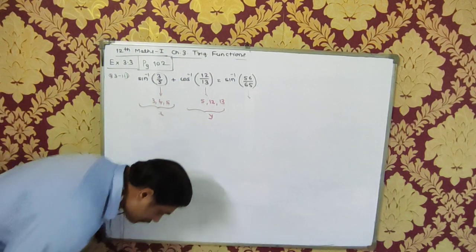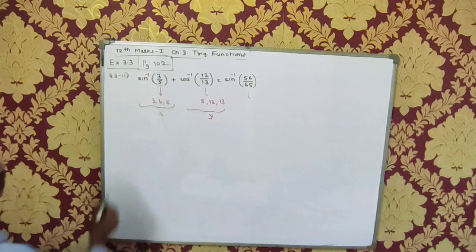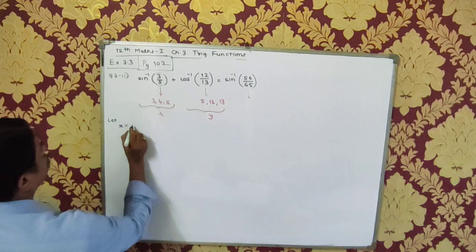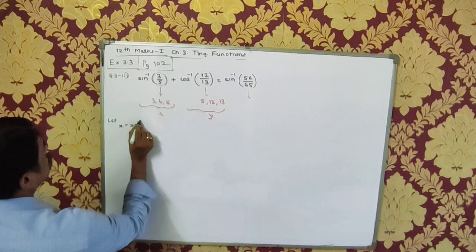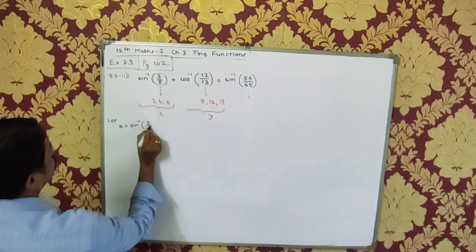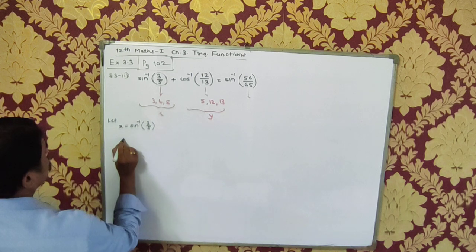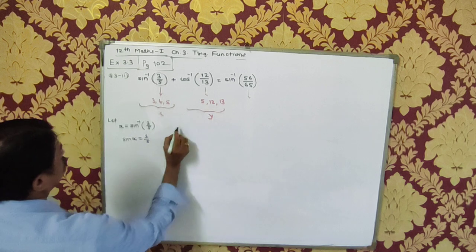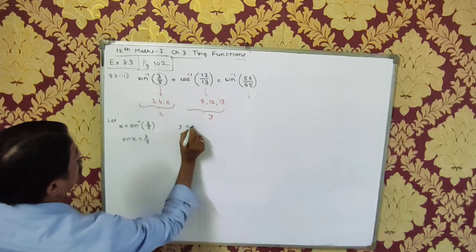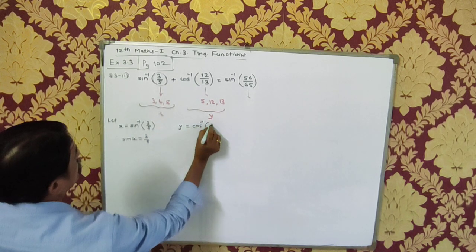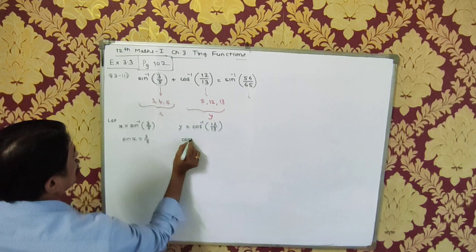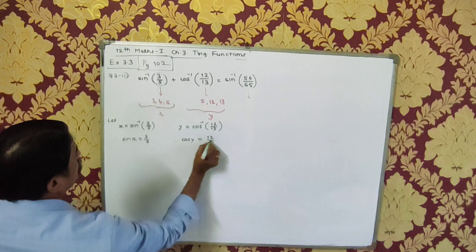Let x be equal to sine inverse of 3 by 5. Therefore, sin x is equal to 3 by 5. Y is equal to cos inverse of 12 by 13. Therefore, cos y is equal to 12 by 13.